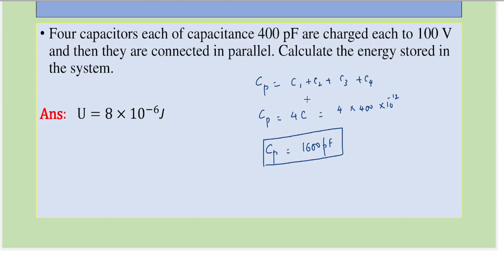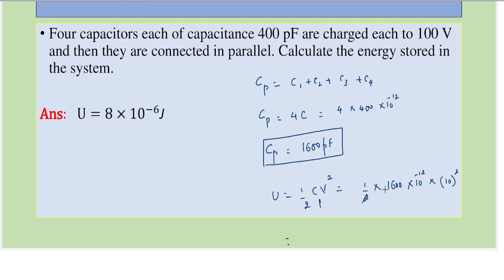Question says calculate the energy stored in the system. So energy we can write as half C into V square. In this case it is across the entire combination, so it becomes half Cp V square, that would be half into 1600 into 10 power minus 12 into V square, which is 10 power 2 the whole square.